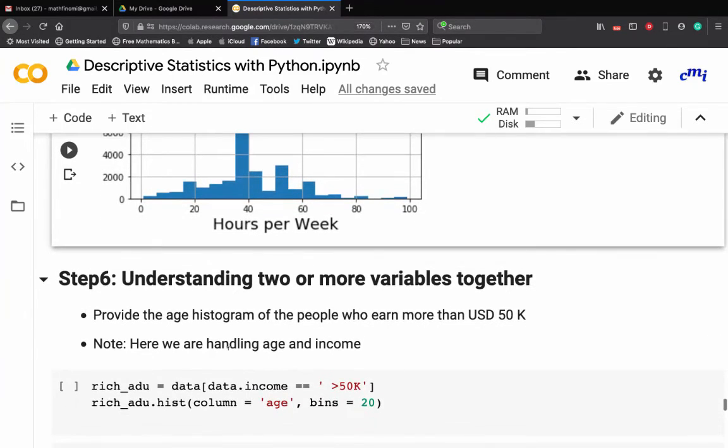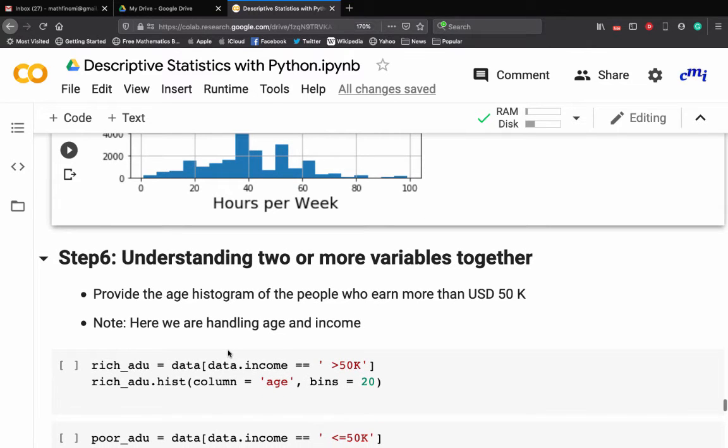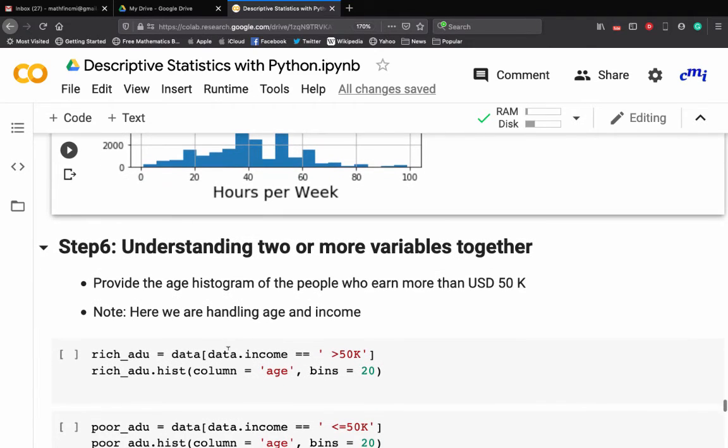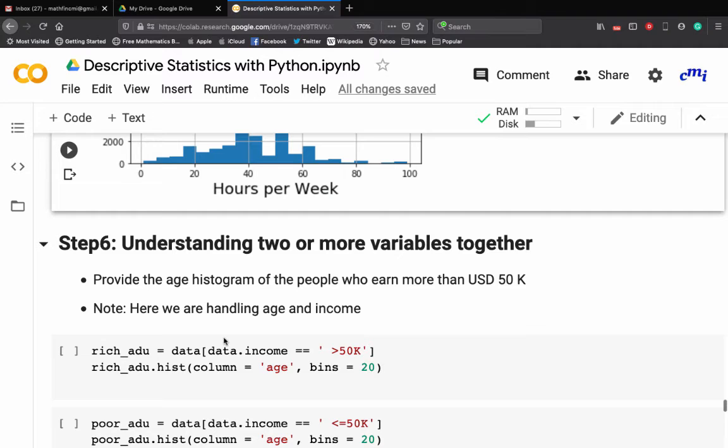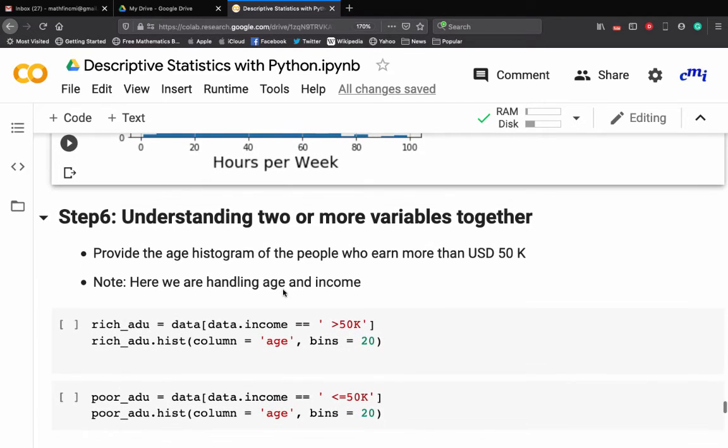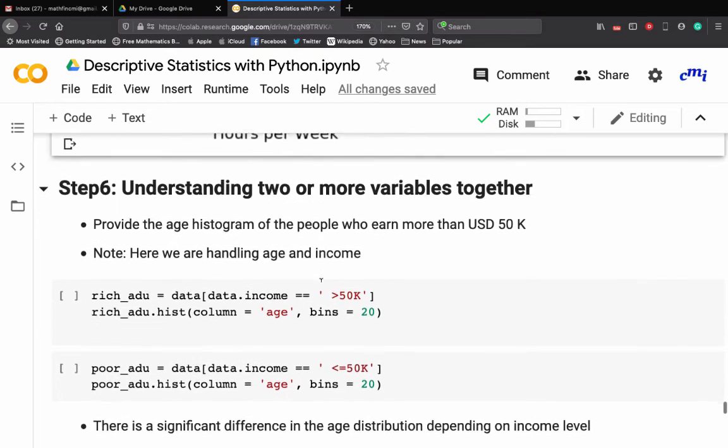Step 6 is understanding two or more variables together. Suppose we consider the problem of drawing the histogram of age of people who earn more than 50k. Here we are handling age and income both together.